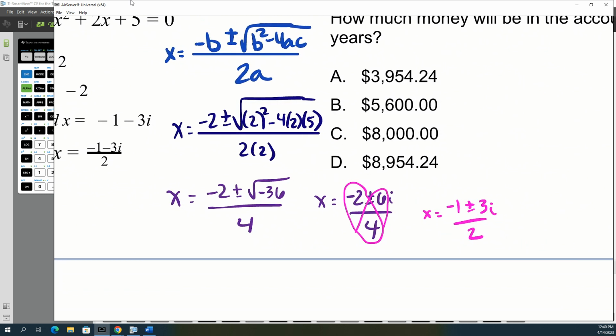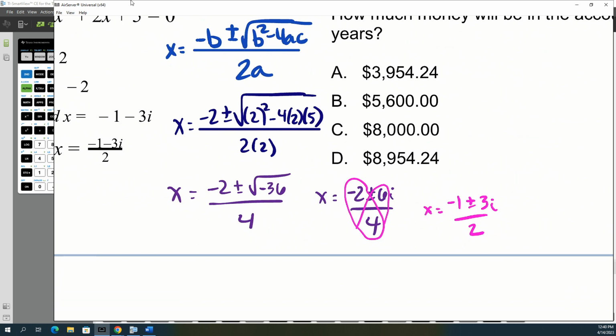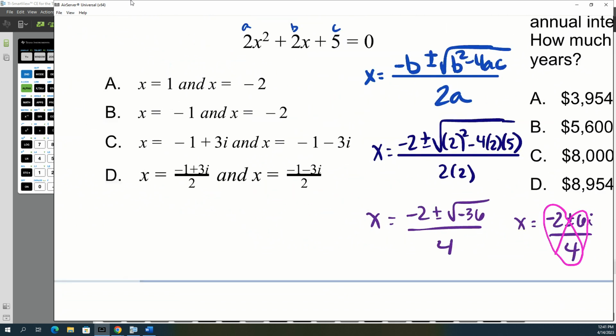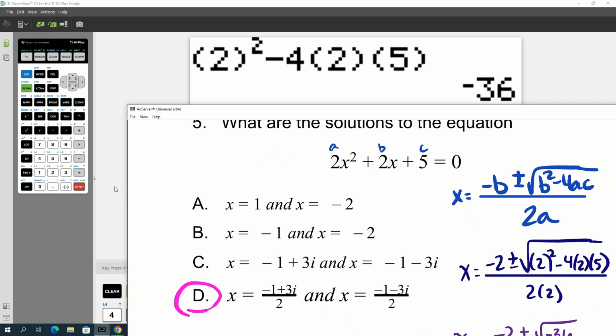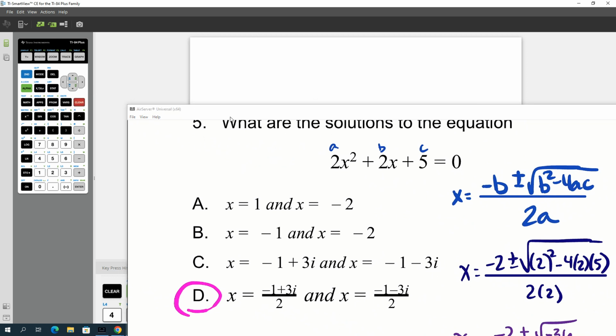Okay, so the answer is D. But if you don't want to go through all that stuff, there is an i button on the calculator, and it is second and then the decimal point. So if you look at the decimal point above it, there's a blue i. So anytime we want to do i, we do second and the decimal point.